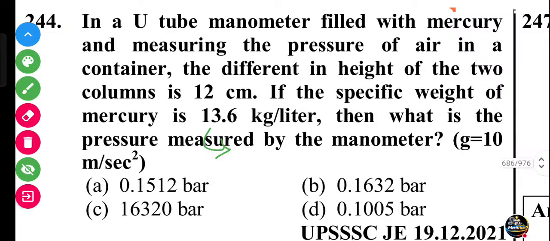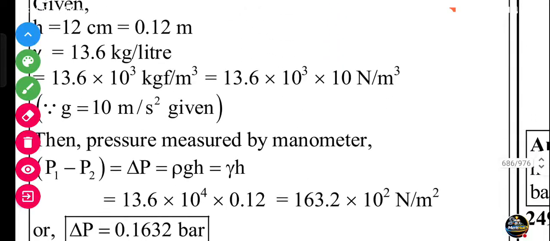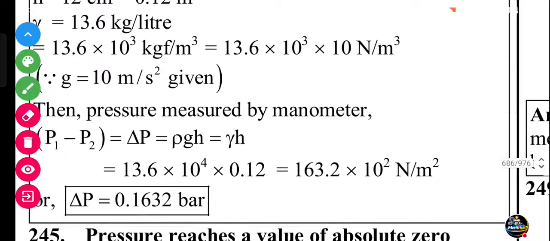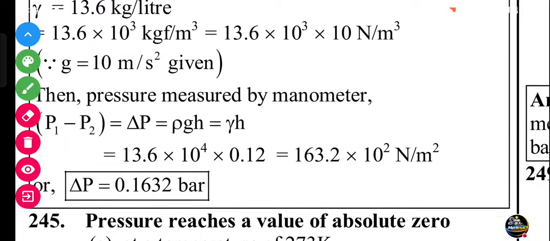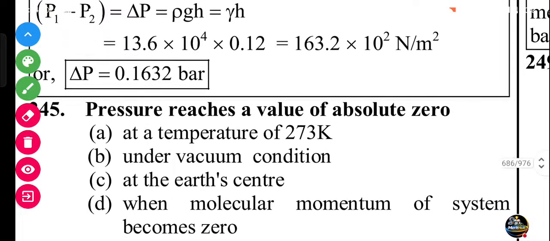So 1 liter equals 10 to the power minus 3 meter cube, and centimeter to meter. Then you use the equation P equal to rho gh. I can show you the solution this way if I have a big screen. I would solve this equation for you, but unfortunately I don't have a big screen. This is for a mobile phone screen, so it's not possible.